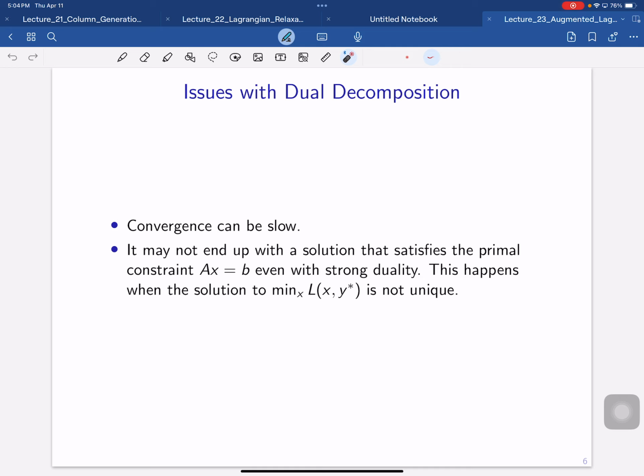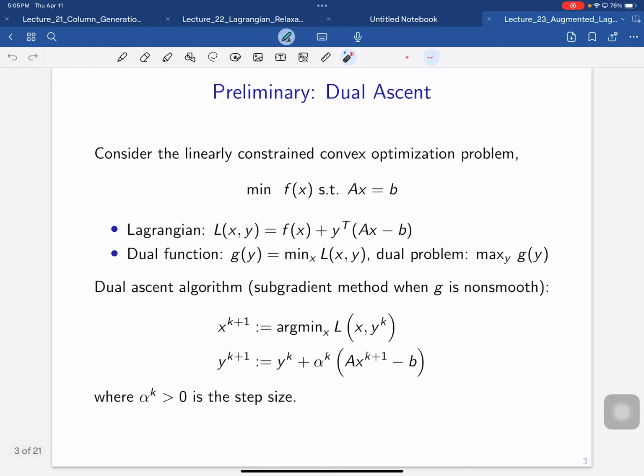But if this solution is not unique, you may have another solution that gives you the same objective value, but violates the constraint you dualized. Again, you are dualizing this constraint in the Lagrangian problem. Here you dualize Ax minus b, and then when you are minimizing this problem, this constraint may not hold.